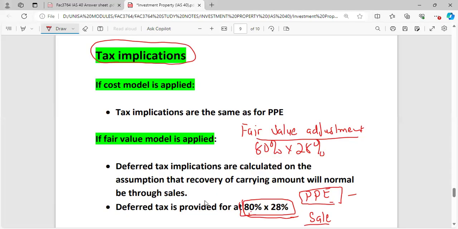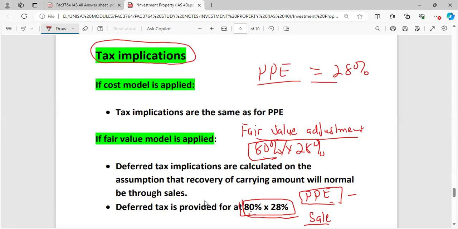Right. When it is a PPE asset, we don't use this 80%. We only use 28%. But if the PPE asset is earmarked for sale, let's say management has decided that on so and so date they are going to sell the PPE asset, that's when it will now attract capital gains tax.